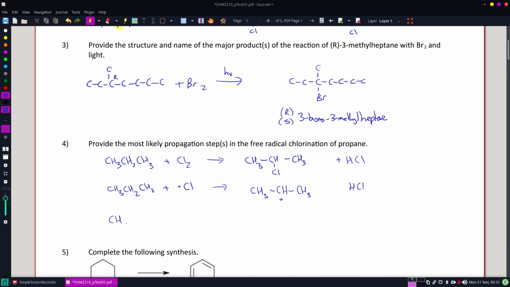And then in my next step, a chlorine gets attacked by that radical, to make our substituted product and another chlorine radical.